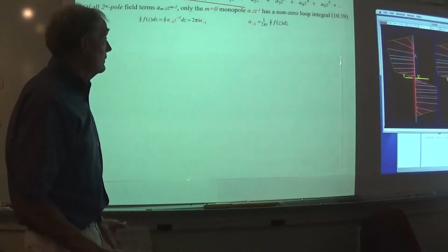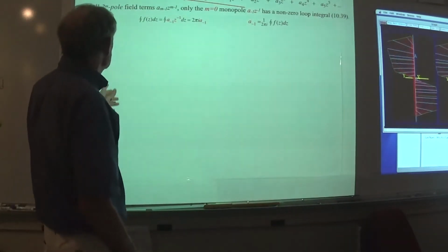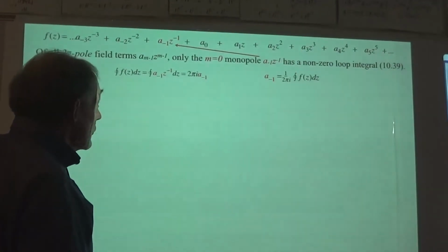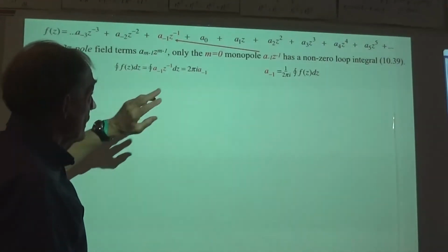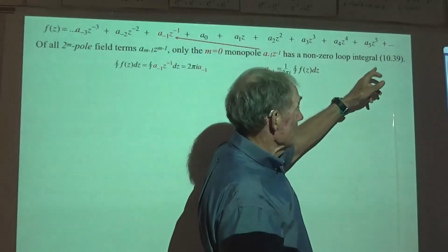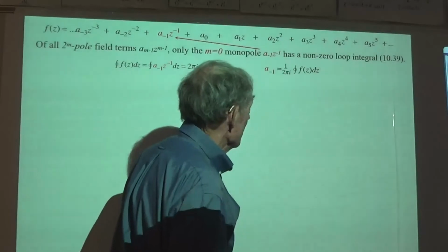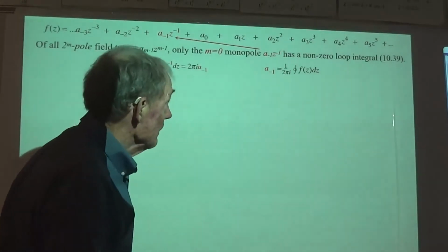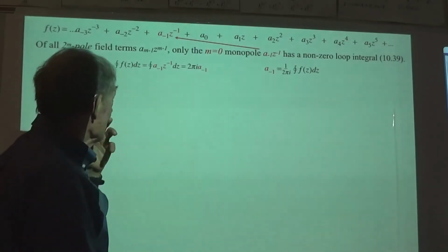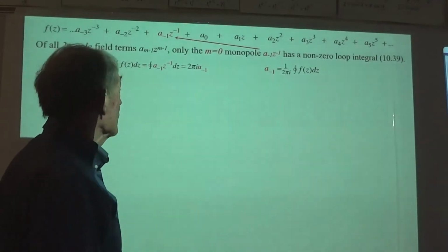This is just some practical ideas here. As it says, of all the 2 to the m poles that you can possibly make, only m equals 0 has a non-zero loop integral around the origin. Okay, and of course that's because of the logarithm that the potential gives.